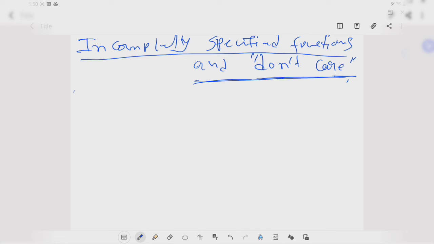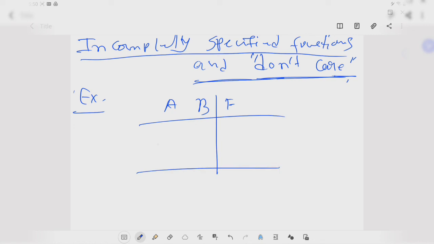For whatever reason, if any of the options are not needed, then we call these incomplete, and we call them don't care. In the case of don't care, it can be 0 or 1, so we can consider it as a 0 or as a 1. Let's see this for an example. We have a truth table of 2 variables only, and the function we need to find.